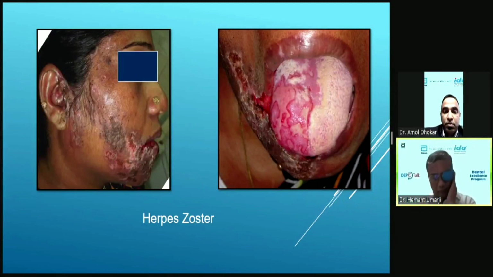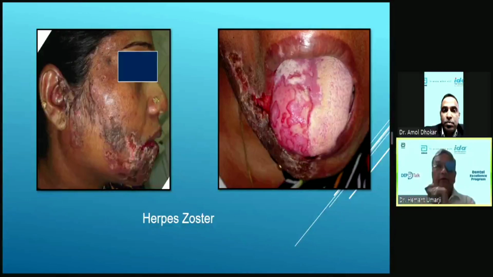If you diagnose herpes zoster, the most important thing to remember is to start acyclovir as early as possible. The earlier we start the acyclovir, the better, because it stops viral replication. If it involves the maxillary or ophthalmic division, it may give rise to ulcers in the eyes and lead to blindness, so you have to start it fast to prevent any complication.